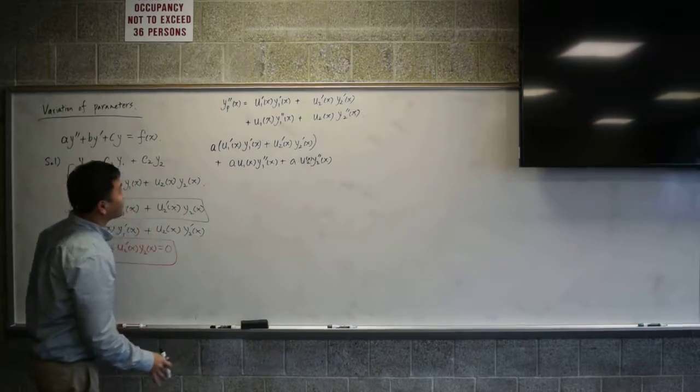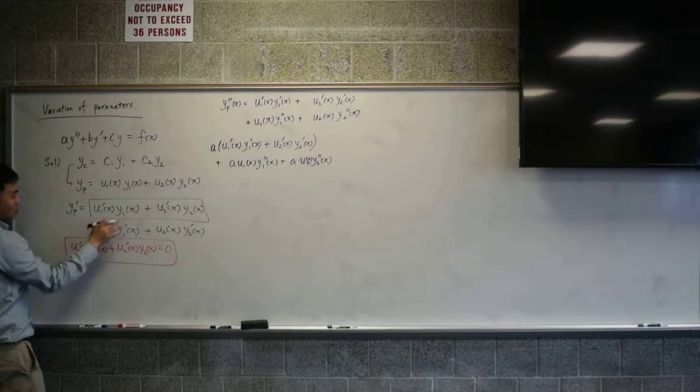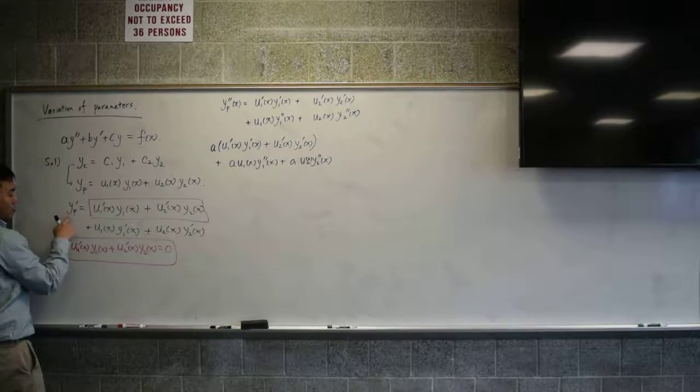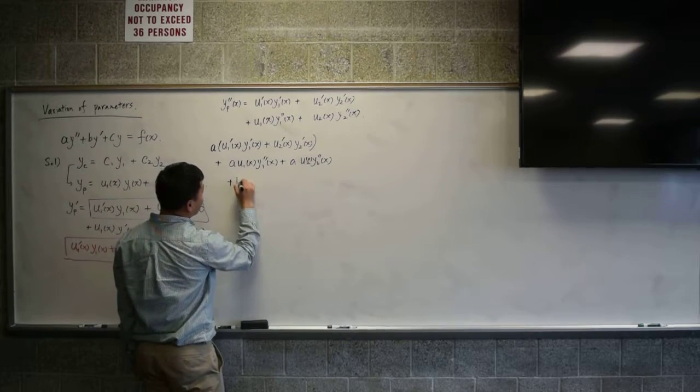That's what you get for a times y double prime, and now we have b times y prime, which is only this part, since the other part is 0.